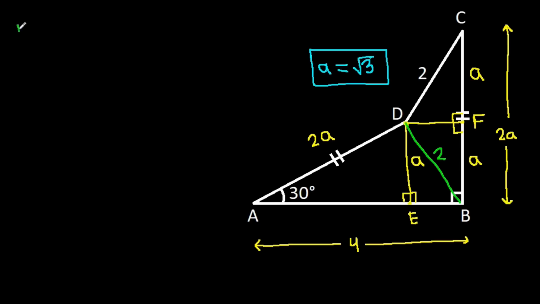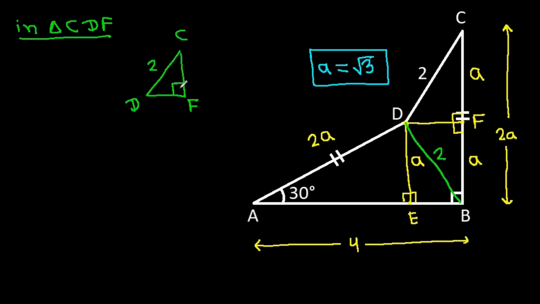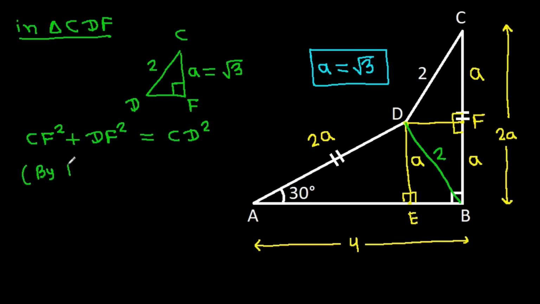Now in triangle CDF, this angle is 90 degrees, CD is 2, CF is a, that is square root of 3, and CF square plus DF square will be CD square by Pythagoras theorem.